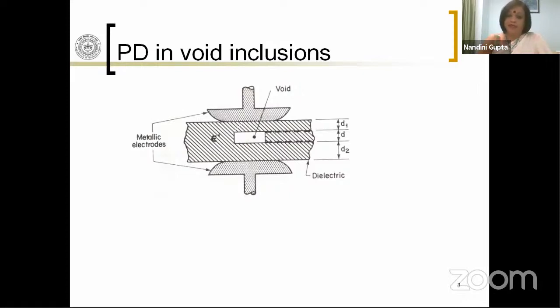When the void breaks down, these charges will flow through the void and recombine, so the void will no longer be able to hold a voltage across it, and the voltage across the void will go to zero at the instant of breakdown. And the charge that was originally on the top and bottom of the electrode will recombine and will be removed. So this is what happens in the process of partial discharge.